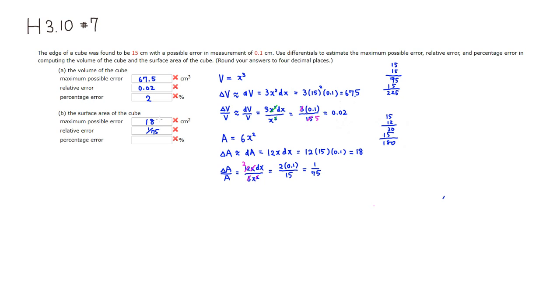Then if you want to find the percentage error, you just have to multiply by 100. So if you multiply 1 over 75 by 100, you get 100 over 75, which is 4 over 3. So let's type it in.